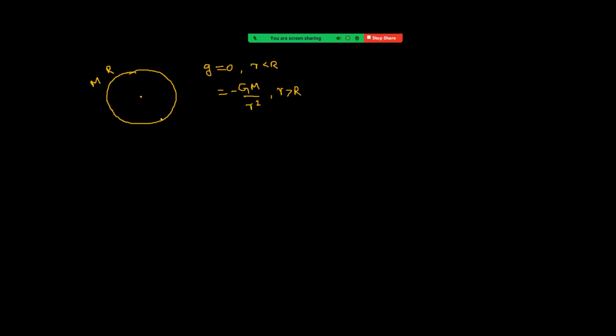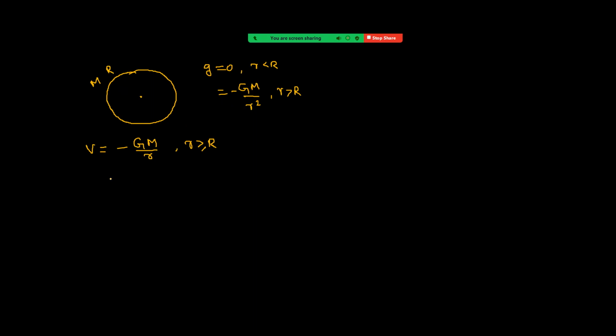Now we have to find potential. Here, when you are taking outside, it is same as due to point mass. Now taking same logic, potential will be minus GM by r, same as due to point mass. So r is greater than or equal to capital R, means outside or on surface.